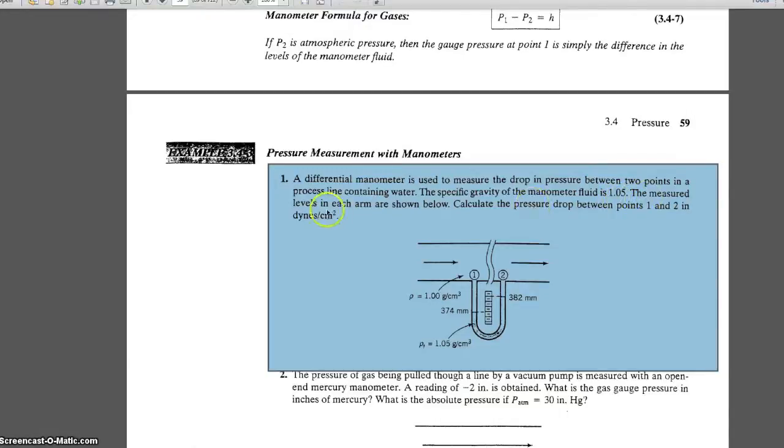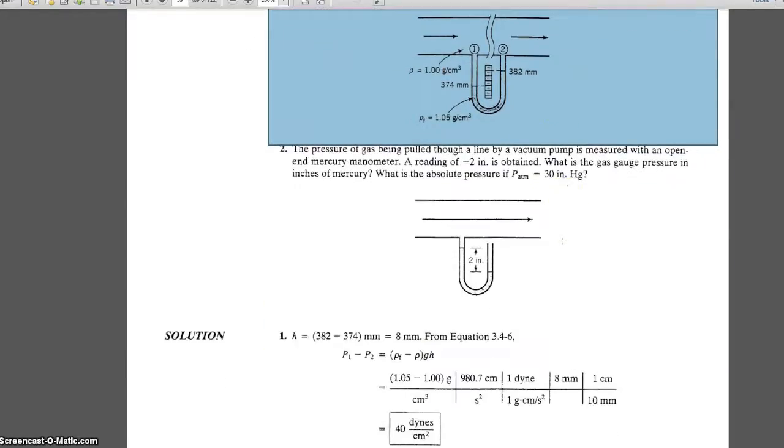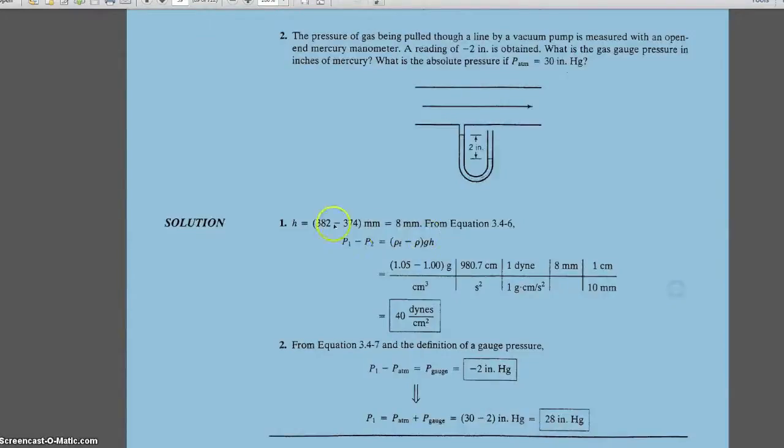The measured level in each arm are shown below. Calculate the pressure drop between points 1 and 2 in dynes over centimeter square. So they want it in dynes, not in SI units. Anyway, so that's the solution.